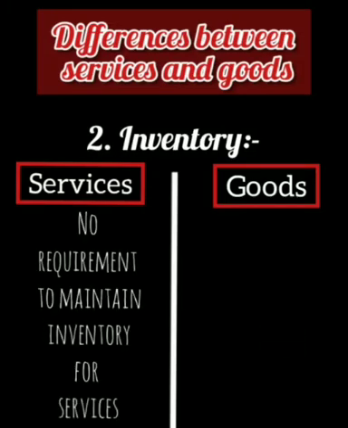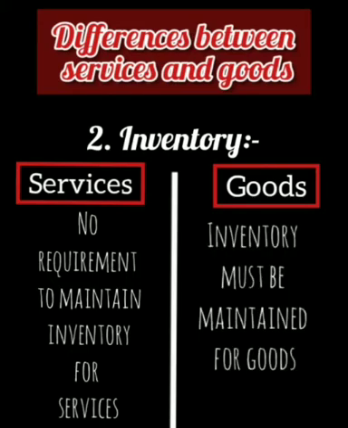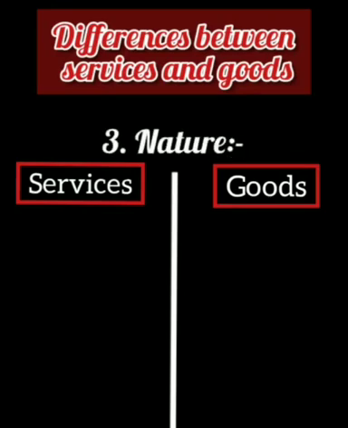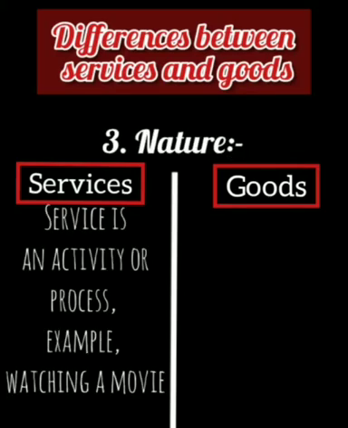No requirement to maintain inventory for services. Inventory must be maintained for goods. And the third one is nature. Service is an activity or process, for example, watching a movie, and goods are physical objects, for example, car, TV, etc.